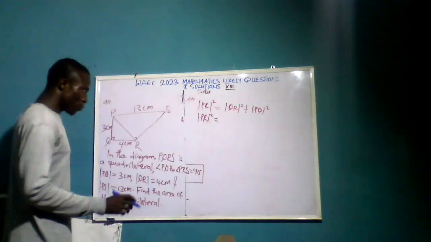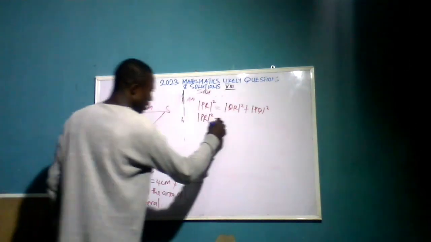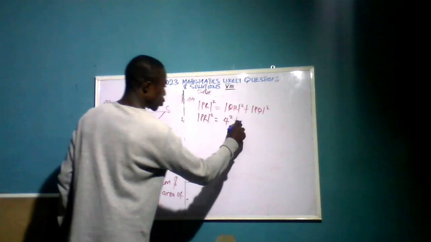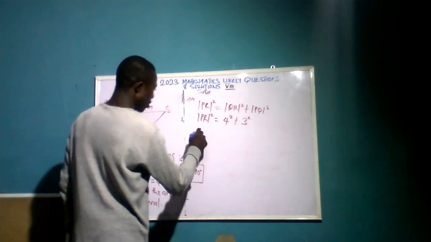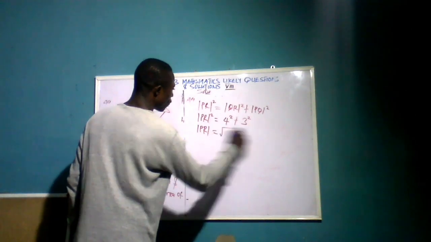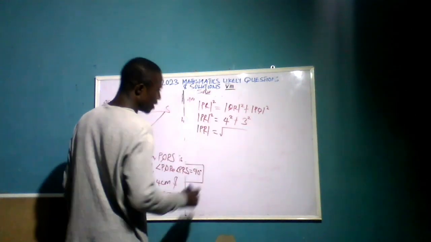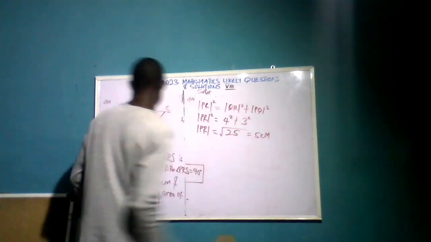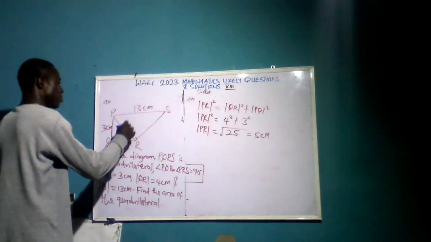You know, QR is what? 4 centimeters. So 4 square plus 3 square. And of course, you know that from here we have PR to be equal to square root of 4 square is 16 and 3 square is 9. 16 plus 9, that's 25. So that will give you 5 centimeters. So we have realized this side to be 5 centimeters.